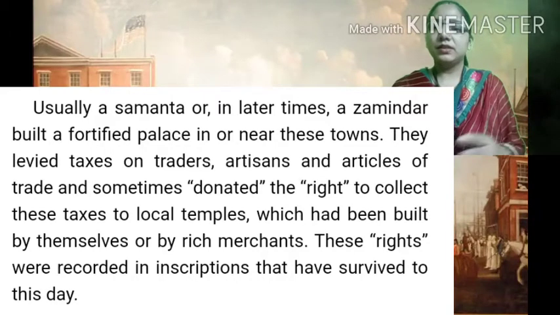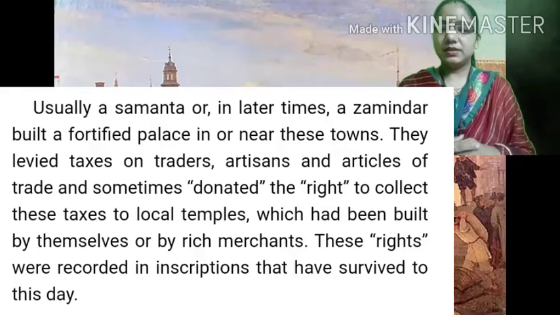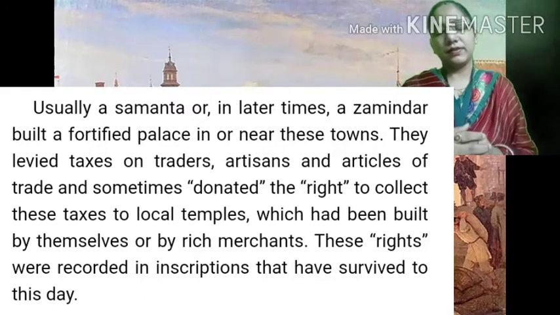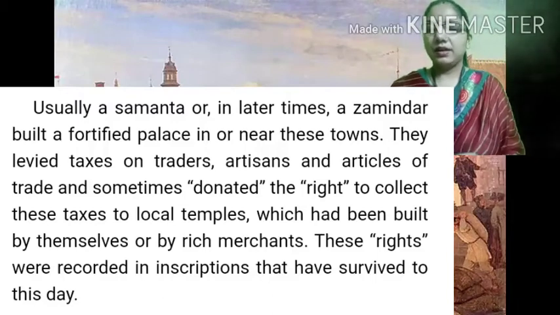So let's see what activities and which type of trade were done by the traders in our next topic, that is, traders, big and small.